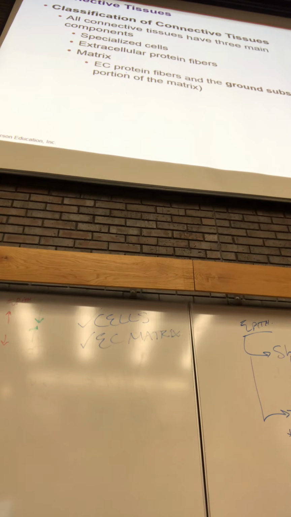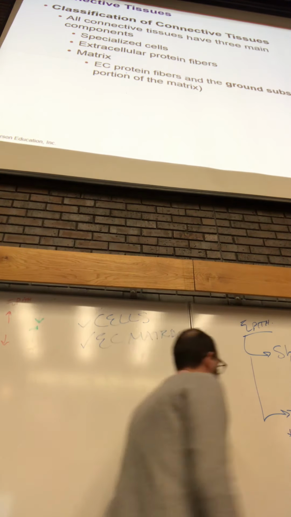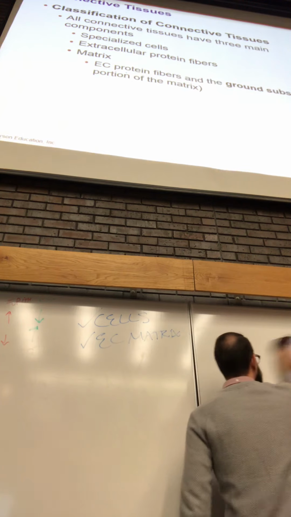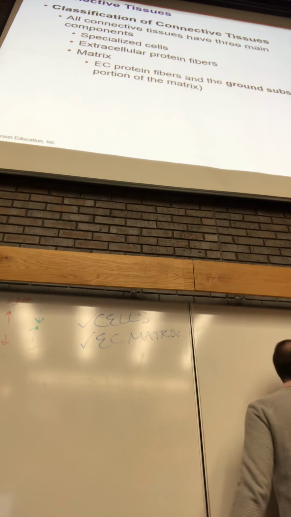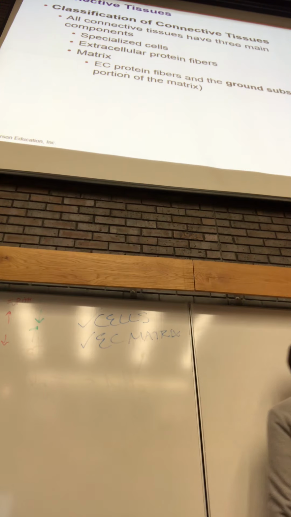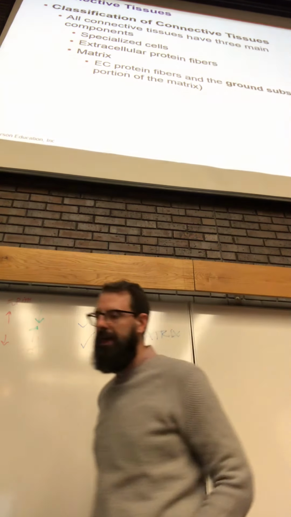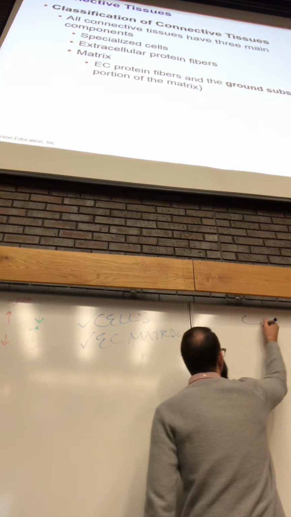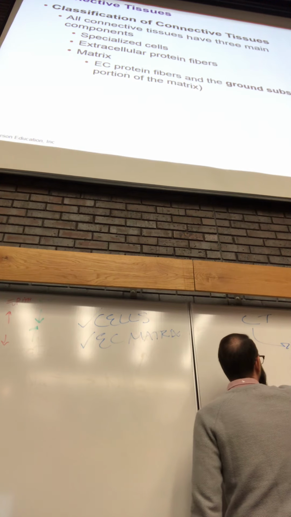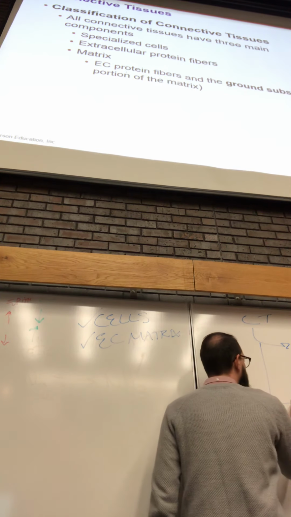The next umbrella is going to be connective tissue. Connective tissue is complicated because even though epithelial tissue has a bunch of different functions, this is even more diverse than that. Under connective tissue, we've got three main categories.